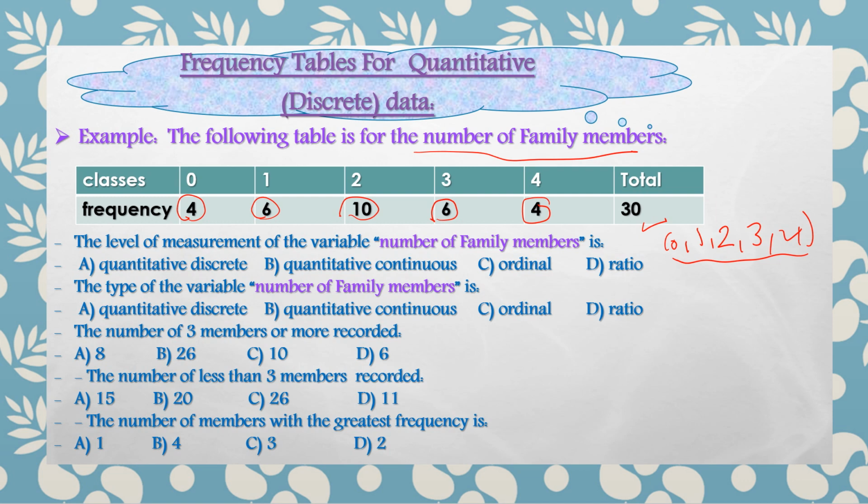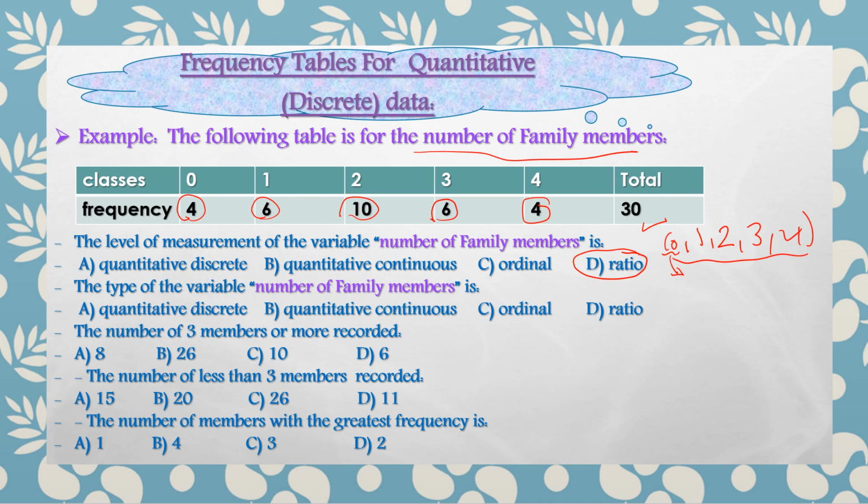So the discrete variables are measured using the ratio level of measurement, because 0 here means the absence of family members, and we can make any mathematical operations on the value of the variable. So the level of measurement for this variable is the ratio level, and the correct answer is D.